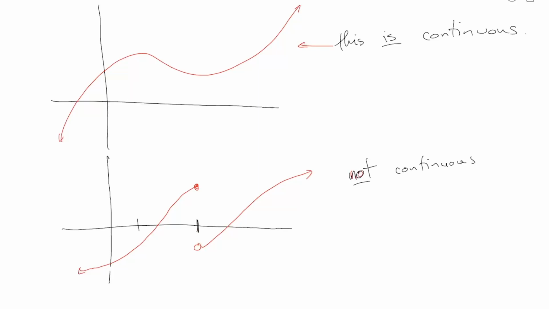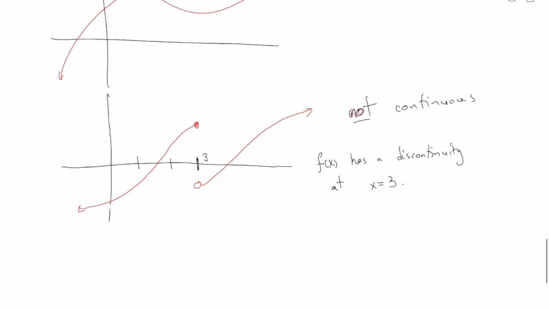For instance, if that was at x equals 3, we would say f of x has a discontinuity, or sometimes a discontinuity point, at x equals 3. All right? That means at that particular x value is where the funny business happens, where the curve breaks apart into two pieces. And that's called a discontinuity point. All right? This is the basic idea.